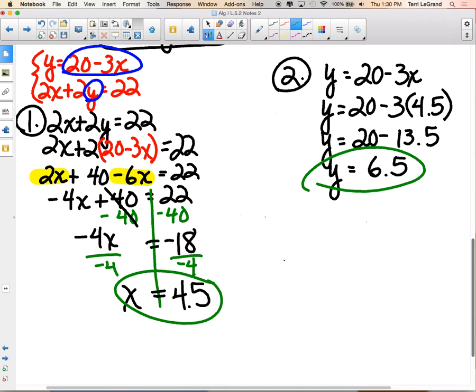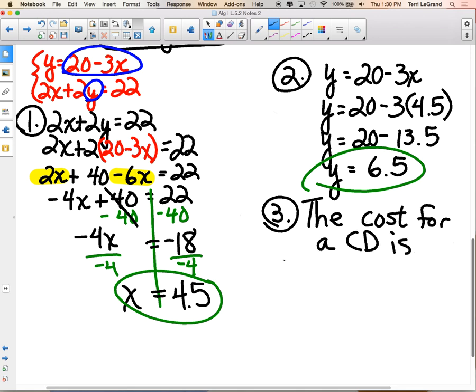And in step 3 in a word problem, what do we do? Write a system of equations? No. We don't write an ordered pair, we write a sentence. The cost for a CD is how much? $4.50, because our X was our cost for the CDs, and 4.5 in money means $4.50.